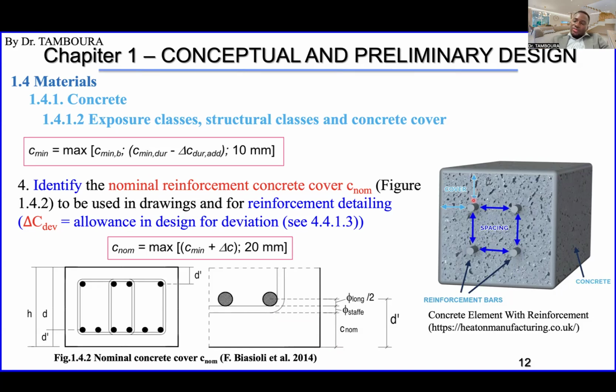If you look at this arrow, for example, you see it is from this steel bar to the surface. But in our case here, it is from here to here.